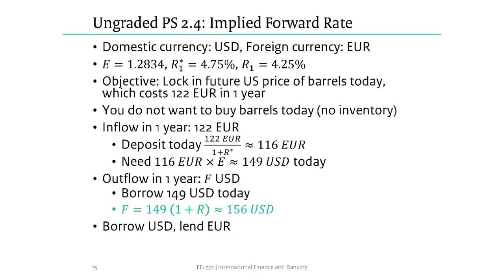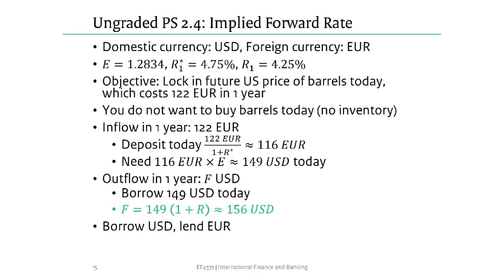So let me explain the setup of the problem first with numbers. You start with the spot exchange rate, E. This is the price of euros in terms of US dollars, 1.2834. And you're given two sets of interest rates at 1 year horizon.